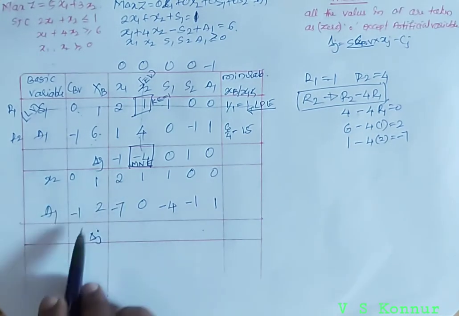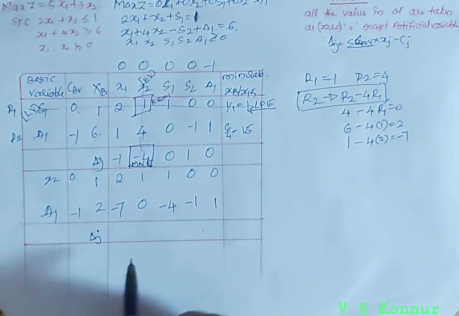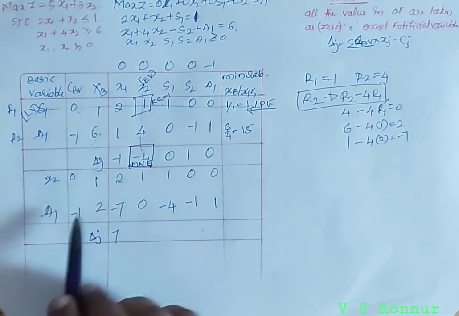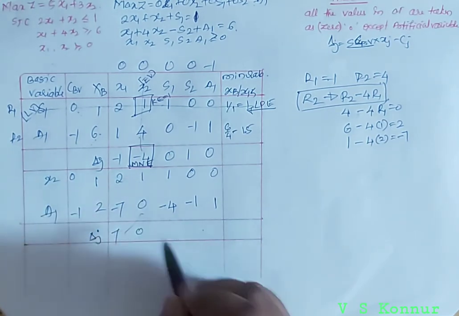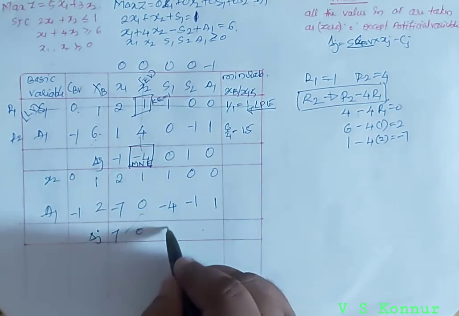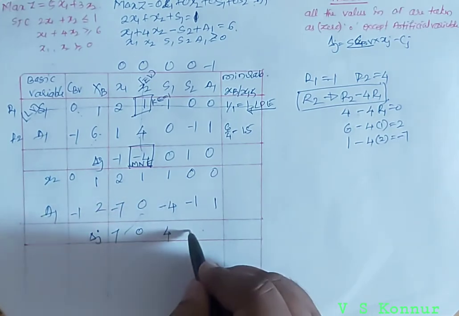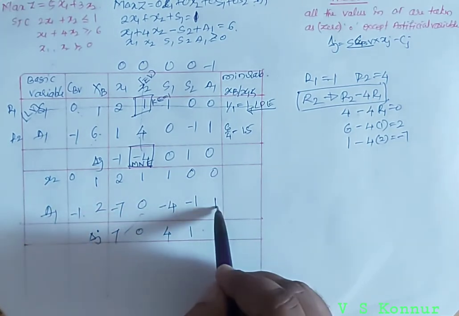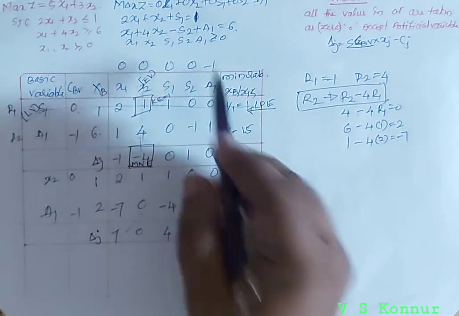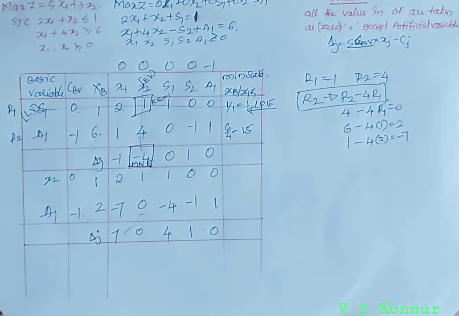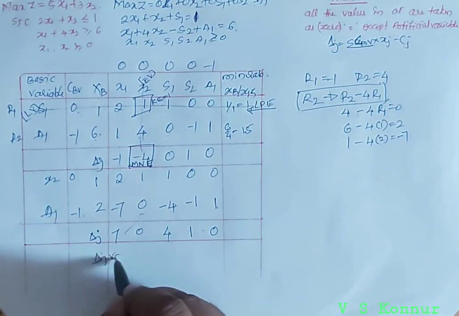This into this is 0, minus into minus is plus 7, 0, 0, 0 plus 4, minus into minus plus 1, minus into minus plus 1, minus of minus is plus, so 0. 7, 0, 4, 1, 0 we will get.